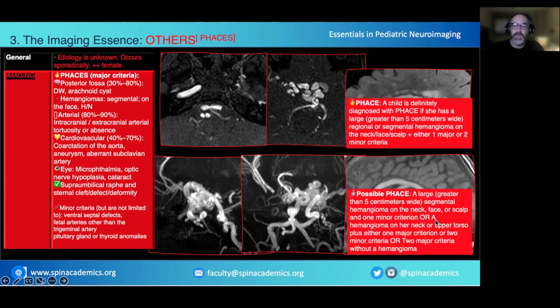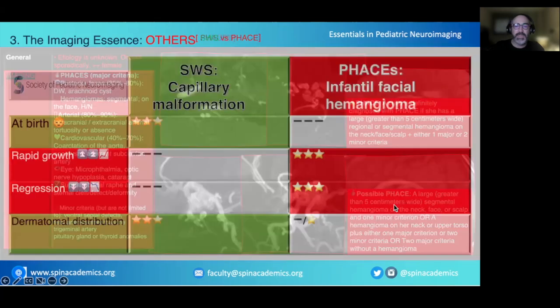If you want to check these characteristics, you would check, because there's a difference between PHACES and possible PHACES, because sometimes there's a lack of criteria. There's not always presentation of the 6 criteria in PHACES syndrome, and we call it a possible PHACES.